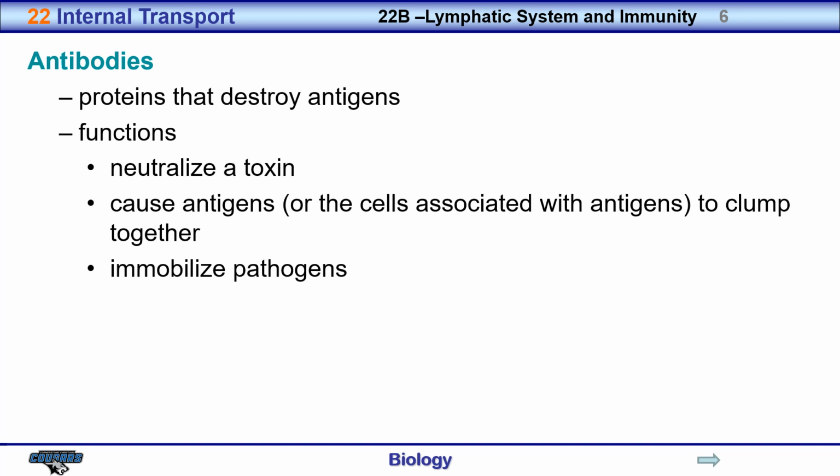In other words, if this cell has flagella for moving around, these antibodies can essentially paralyze the cell. And then we also have another one called agglutination. In agglutination, the antigen is part of the cell, and the antibody causes the cells to form clumps. So it's similar to precipitation in that.